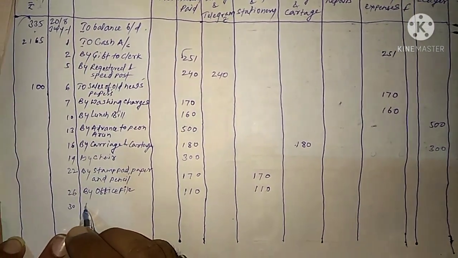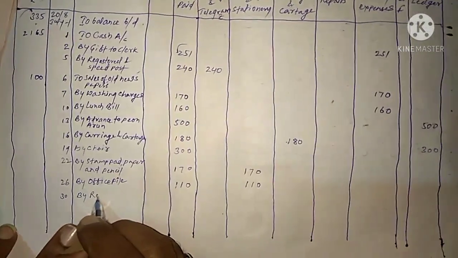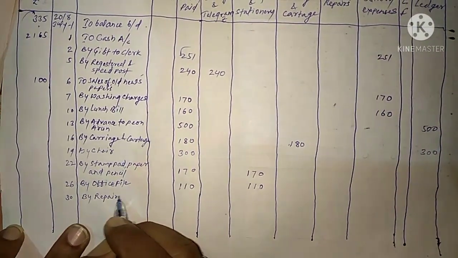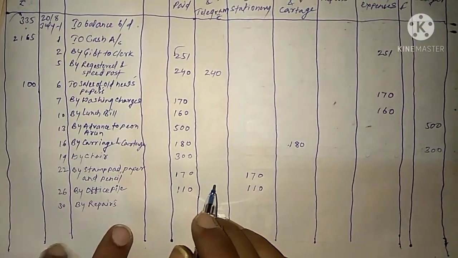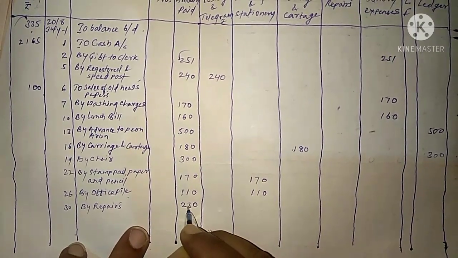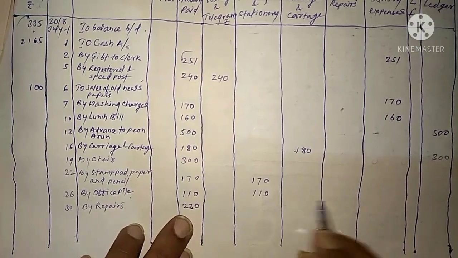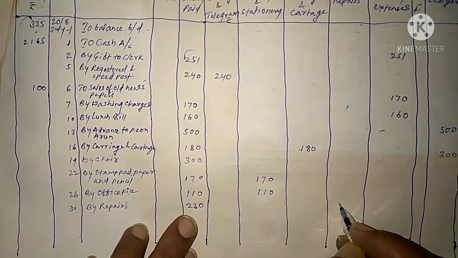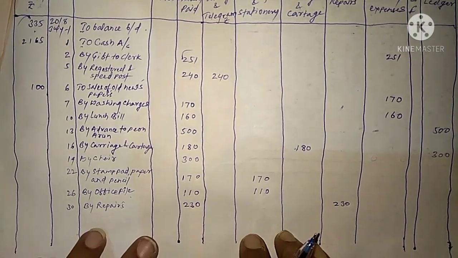So here we have to write by repairs. The amount is 230, and we have to transfer this amount to the repairs accounting head, 230.